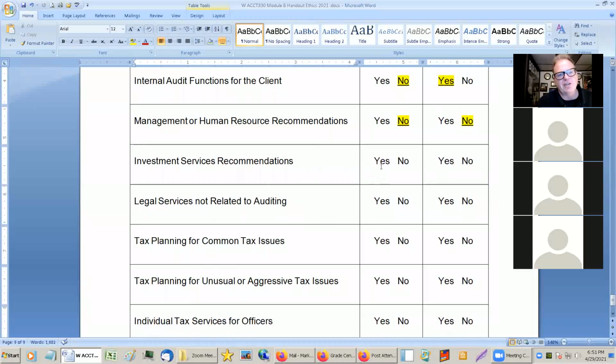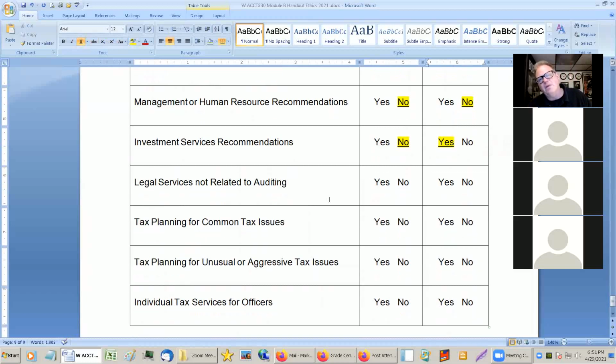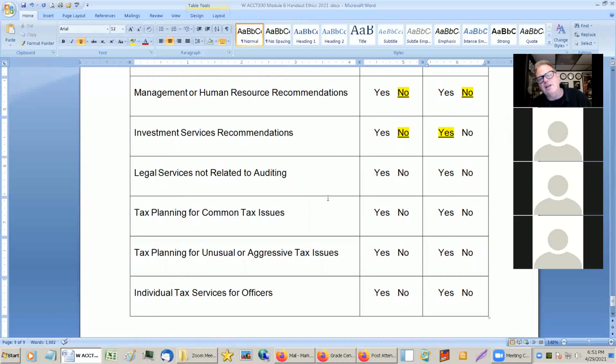Investment service recommendations, no. AICPA, yes, as long as you are not giving specific financial instrument advice. You're not specifically saying which company to buy stock in or something like that. The actual financial instruments, stocks and bonds.